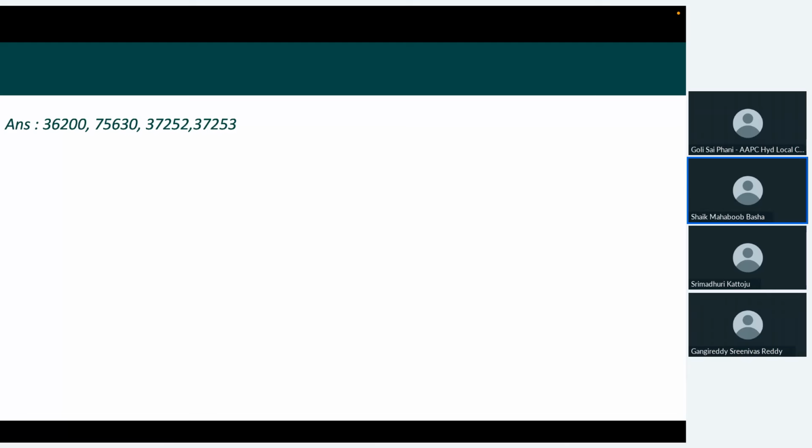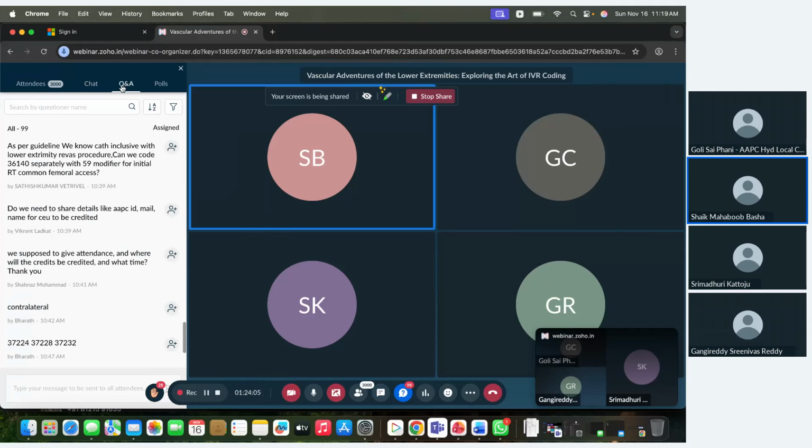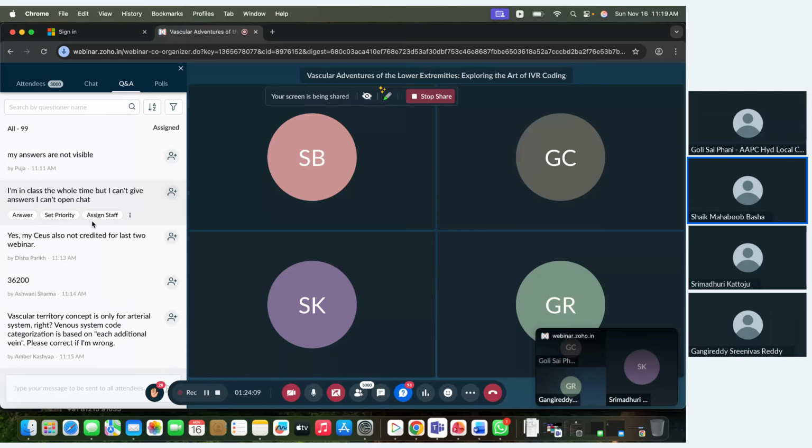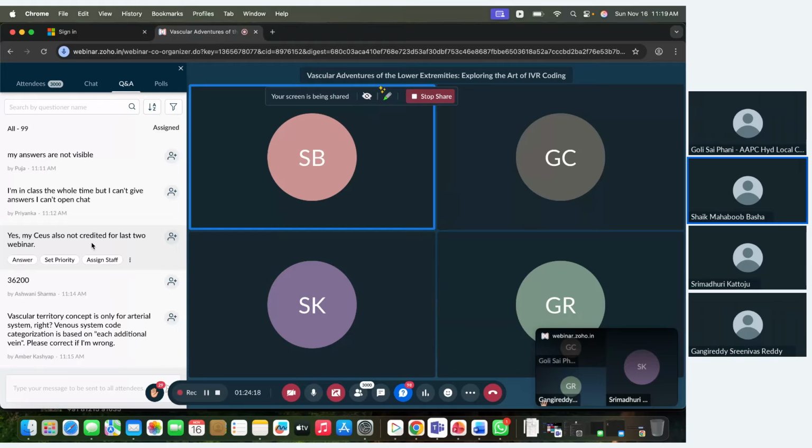Any doubts, you can ask in question and answers and answers will be given. If it is single catheter or multiple catheter position, it doesn't matter. For aorta along with iliofemoral, you can code 75630.